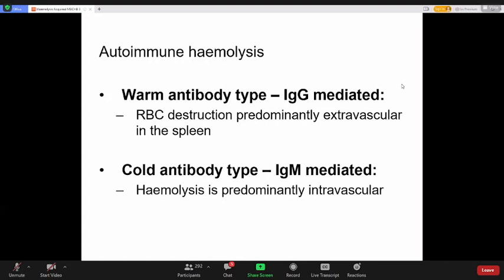Warm antibody types are usually the ones associated with extravascular hemolysis, which occurs in the spleen, as I have already explained. And cold antibodies usually are associated with intravascular hemolysis, where the hemolysis occurs within circulation, and they're usually of IgM type, and of course, they're the ones that fix complement. All right.